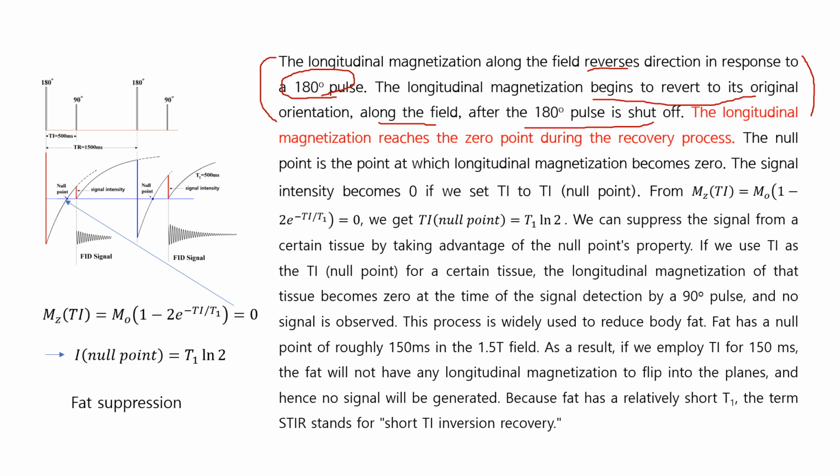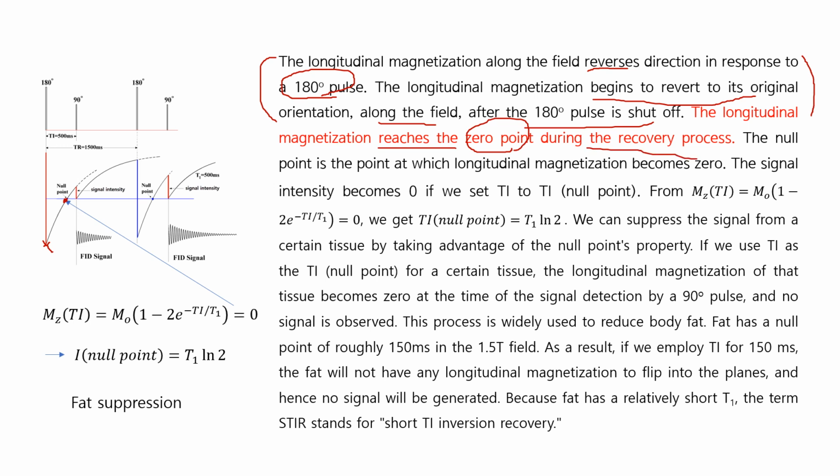The longitudinal magnetization reaches a 0 point during the recovery process. So that is an important point, because the longitudinal magnetization reaches a 0 point here, okay? During the recovery process.